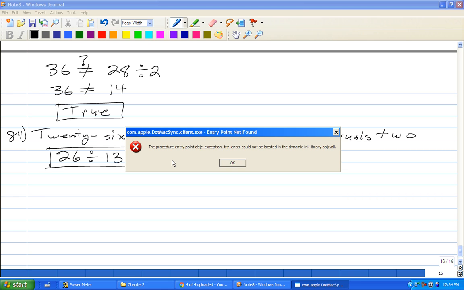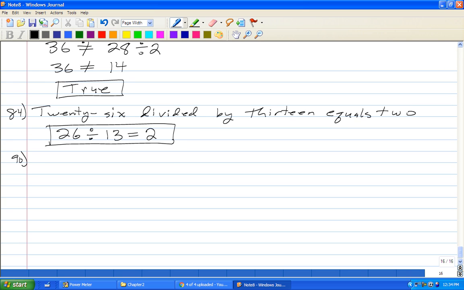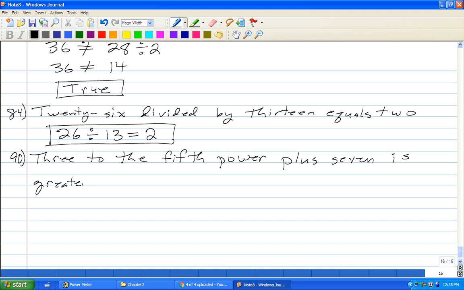90. 3 to the 5th power plus 7 is greater than 200.